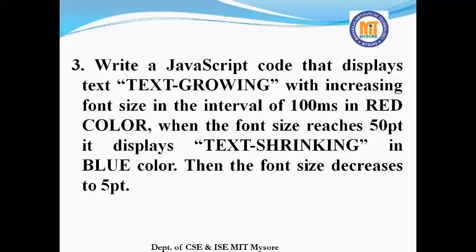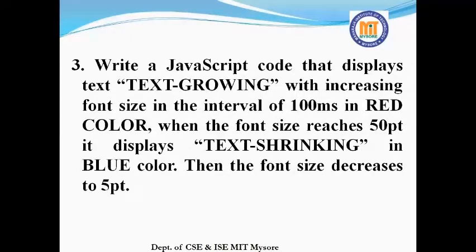Here the task is simple. We need to write the JavaScript code. The first thing is to display the text. The text is growing with increasing font size in the interval of 100 milliseconds, and whenever the text is increasing its size, it should be in red color.